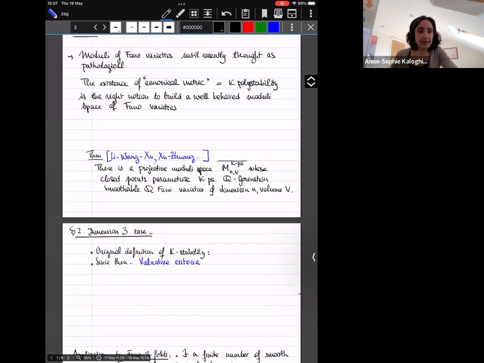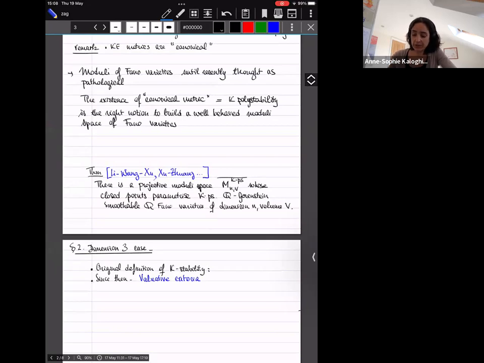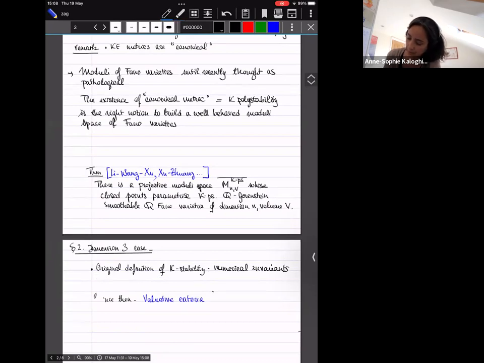So now that we have this result, I'd like to turn to some explicit cases. Before I start with this, let me say that the original definition of K-stability, which I won't recall here, is in terms of numerical invariants that are associated to test configurations.